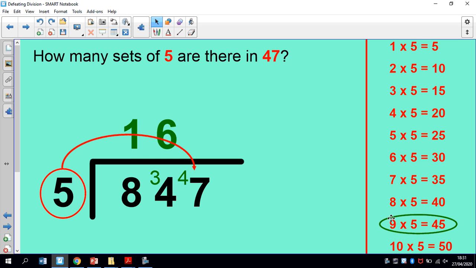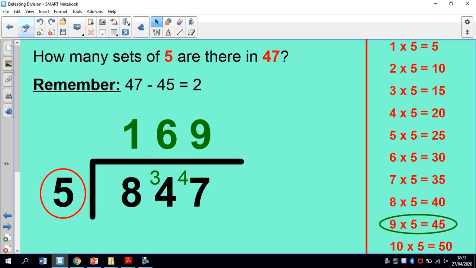So, of course, what do we put above that? We put 9. Okay, and again, we always need to remember, have I used the total value of that digit? No, I haven't yet. I had 47. I used 45. Okay, I took that away, which leaves me with a remainder of 2. Now, there's no other column to put that 2 in this time. So what do we do with it? We just leave it as a remainder.